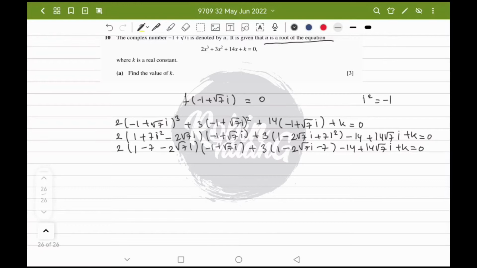So next we get 2 times (-6 minus 2 square root of 7i) times (-1 plus square root of 7i) plus 3 times (-6 minus 2 square root of 7i), and then again minus 14 plus 14 square root of 7i plus k equals 0.